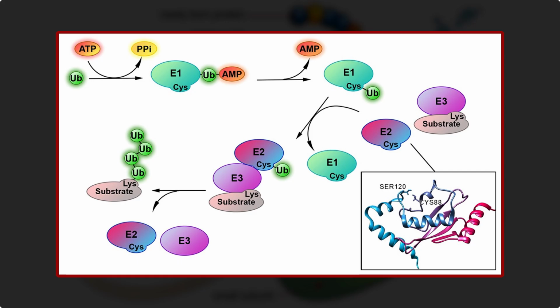Ubiquitination is catalyzed by an enzyme complex that contains ubiquitin activating, that's E1, ubiquitin conjugating, that's E2, and ubiquitin ligase, that's E3 enzymes. Unubiquitinated proteins may be acetylated on lysine or phosphorylated on serine, threonine, or tyrosine amino acid residues and lead to dramatically altering the signaling outcome.